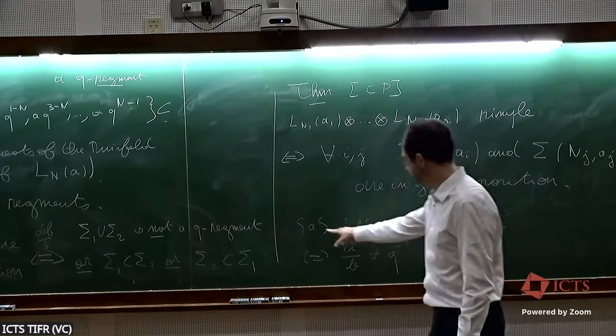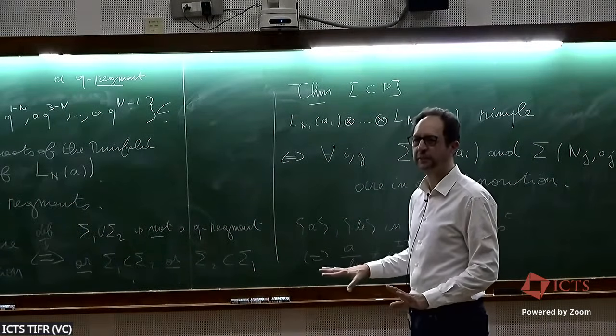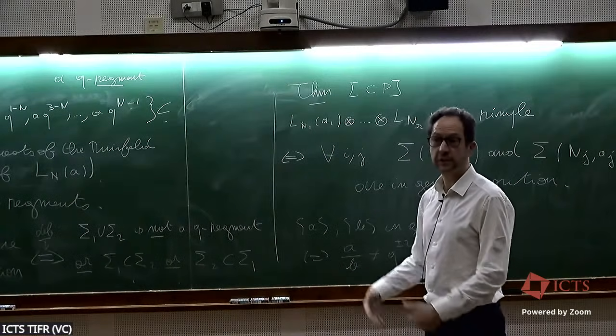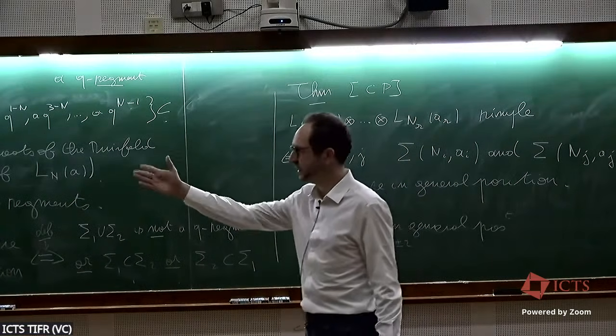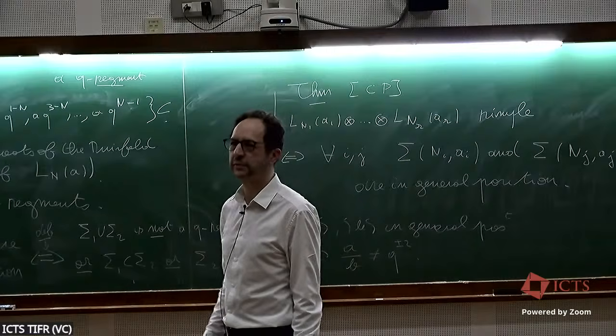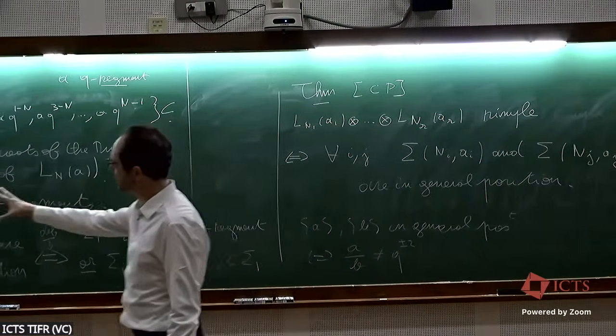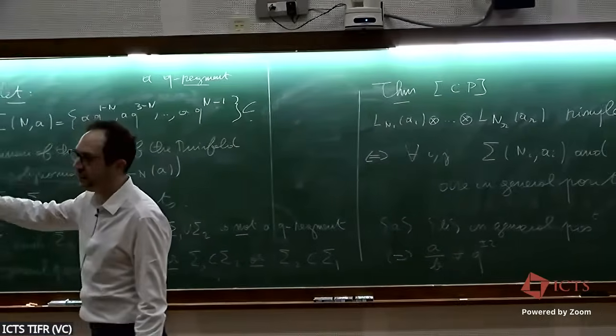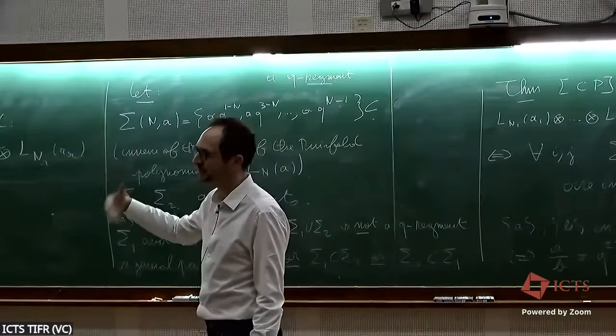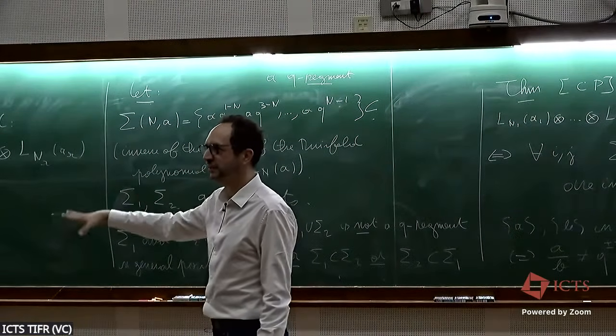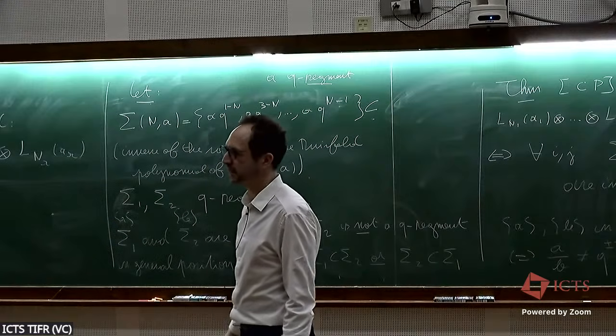But if A is equal to B, it is in general position, and the tensor product is simple, as we have checked for fundamental. So I started with the example before saying the theorem, but now that you have the general theorem, you can look at the compatibility with the example.